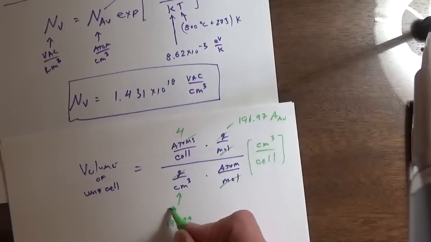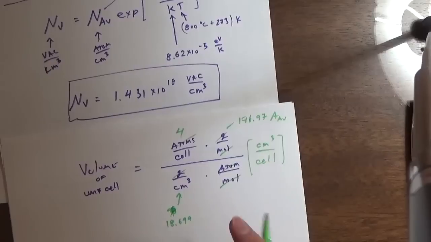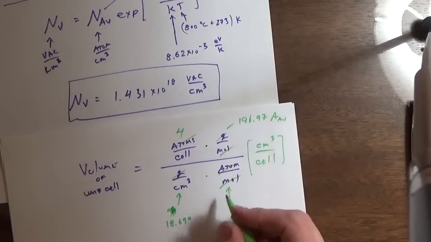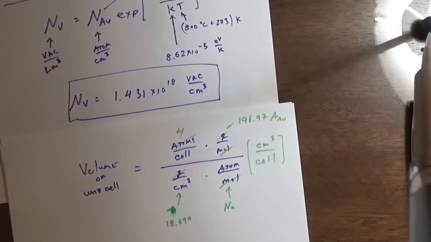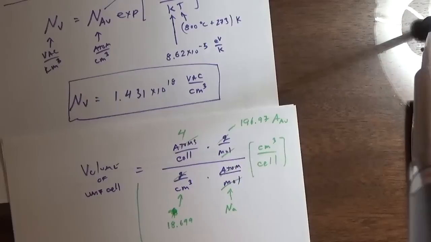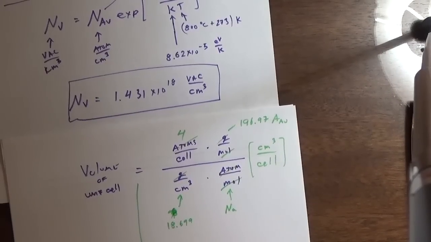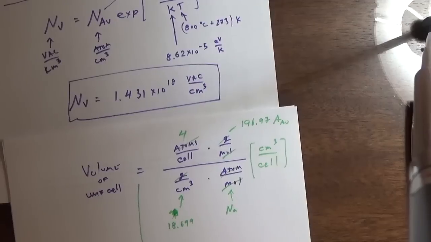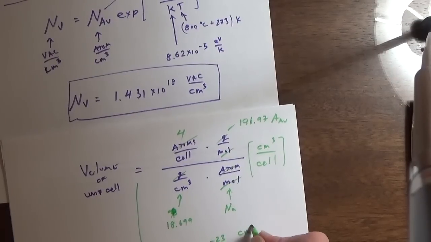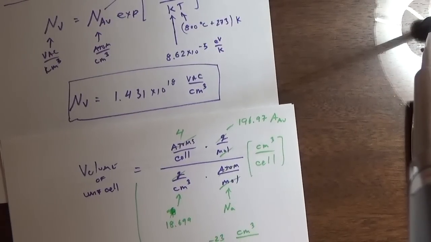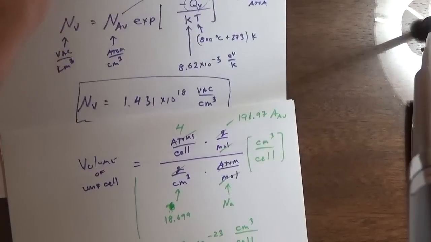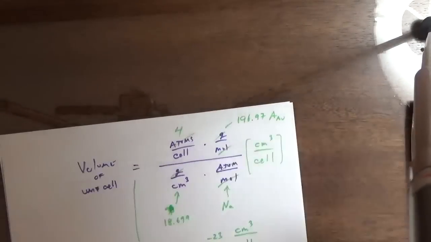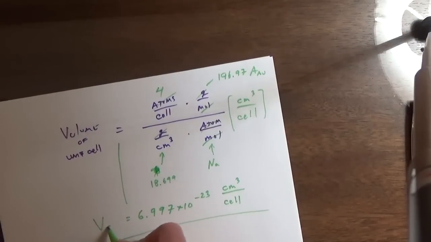This is after taking into account thermal expansion. And this is Avogadro's number, 6.02 times 10 to the positive 23, which gives 6.997 times 10 to the negative 23 centimeter cubed per unit cell. VC.